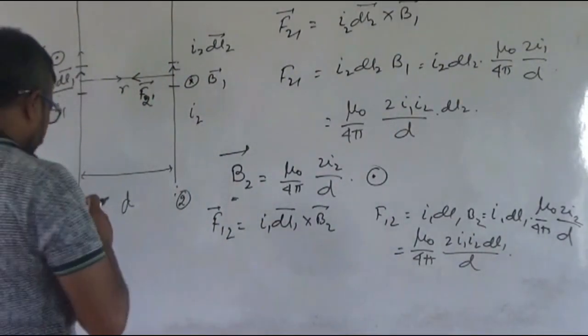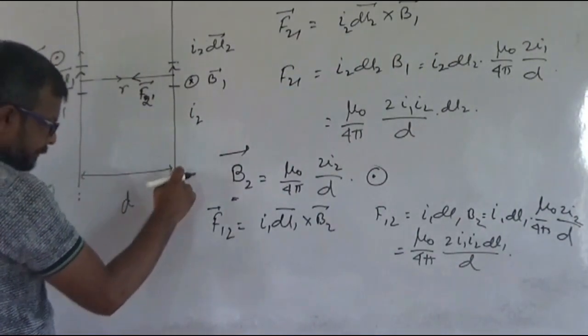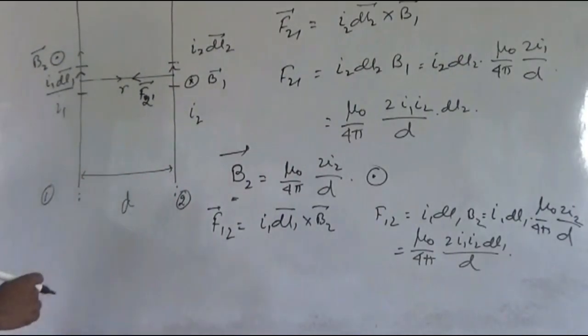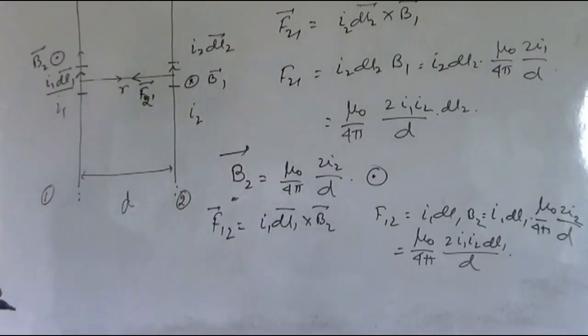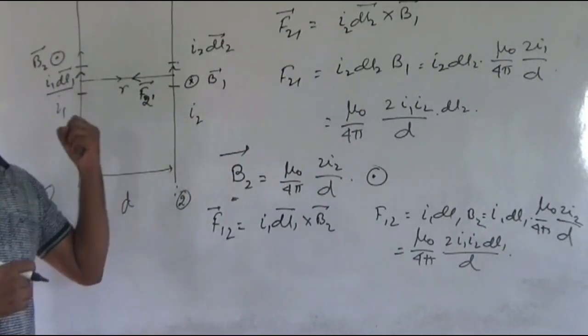Now force on conductor 1 is towards conductor 2 and force on conductor 2 is towards conductor 1. That means these two attract each other. The conductors 1 and 2 attract each other.